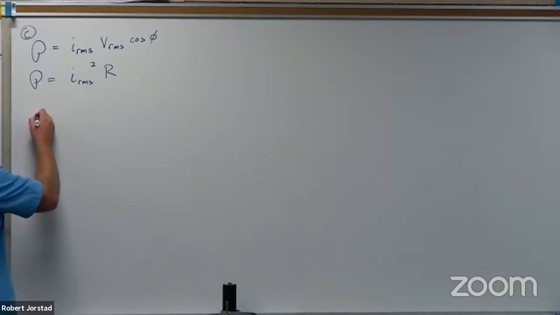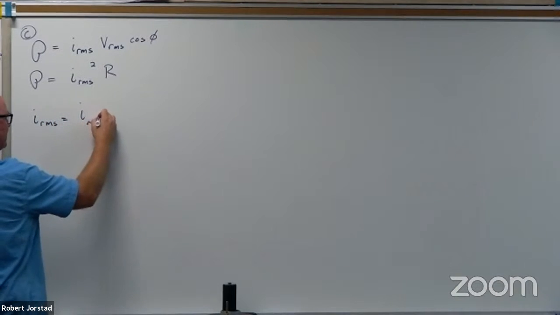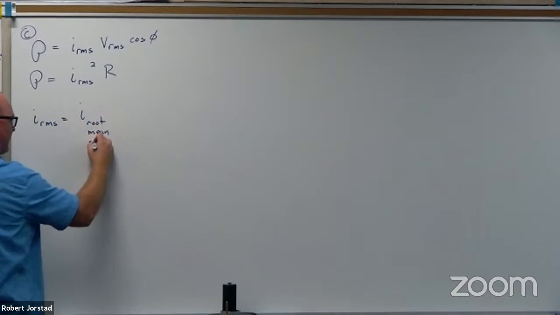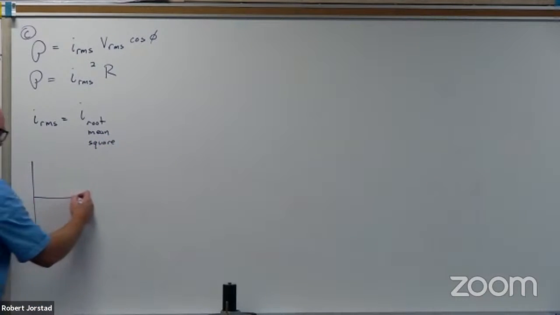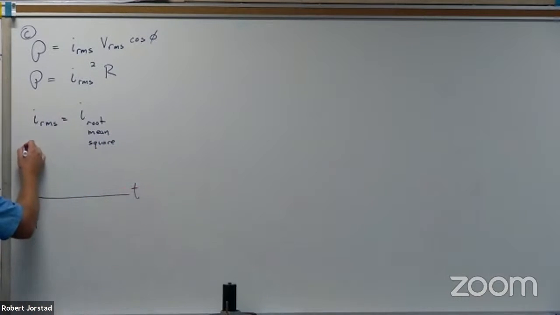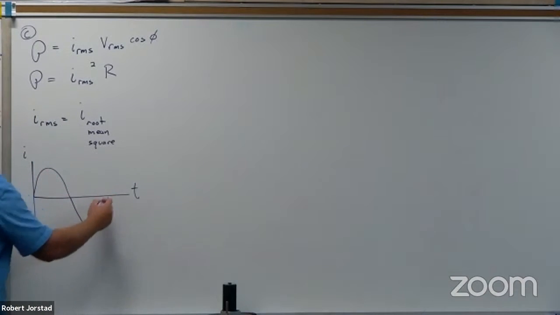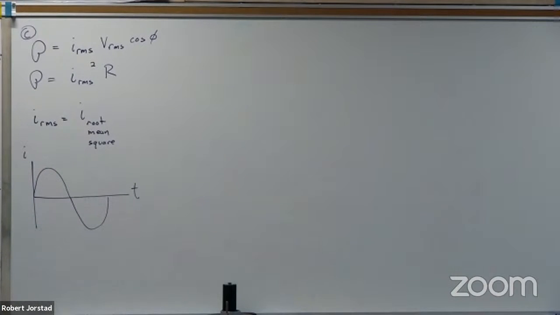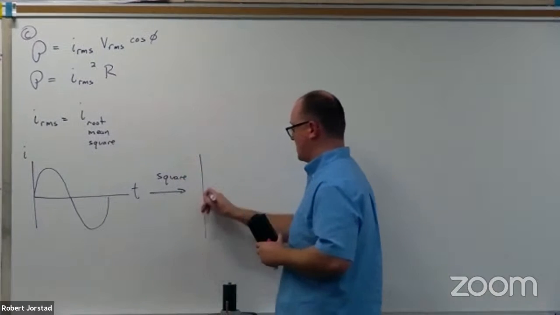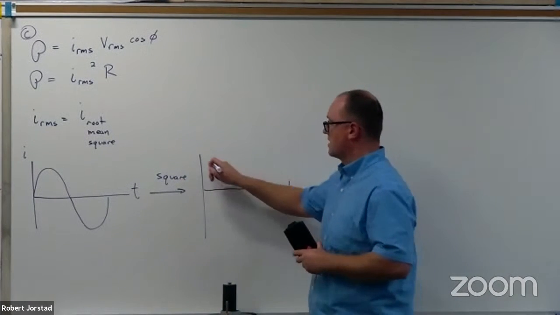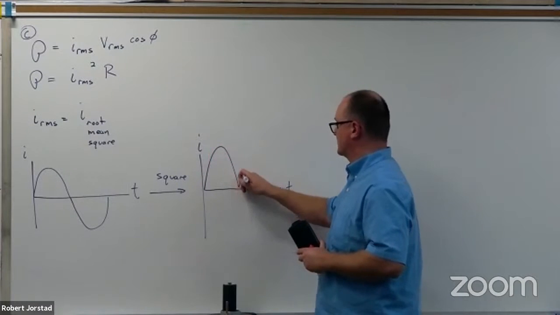Okay, so what does this mean? Well, the short version is IRMS means I root mean square. Okay, well, what does that mean? Let's say I look at the current as a function of time. The current as a function of time looks like some kind of sine wave. Well, if you square that, that's going to get rid of all the negatives.